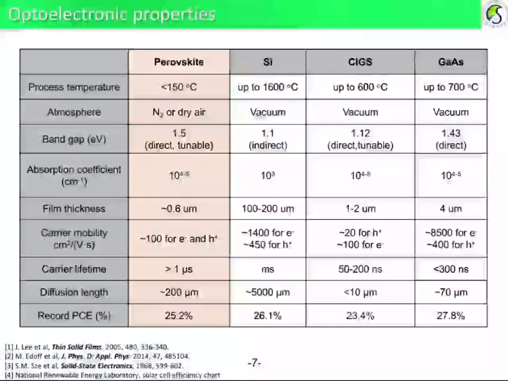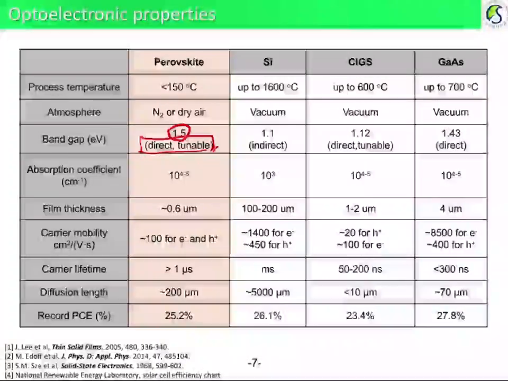So this chart summarizes the properties of the materials. You can see that the perovskite material has a direct band gap. The typical perovskite material used for high efficiency devices has a band gap of around 1.5, and it is tunable by tuning the composition of the perovskite materials.